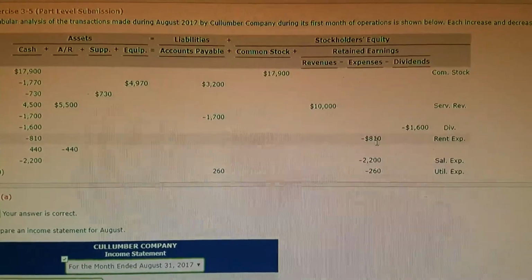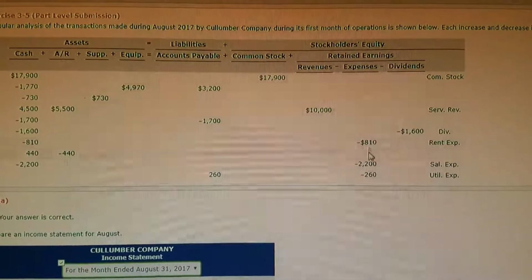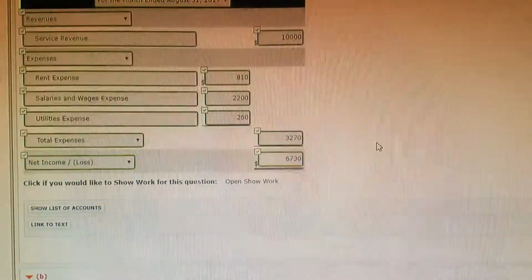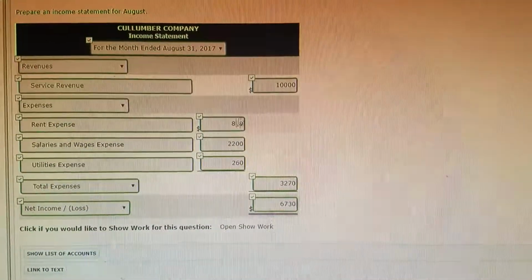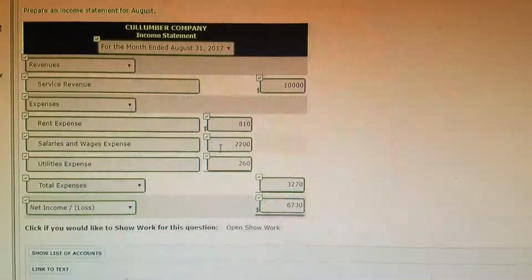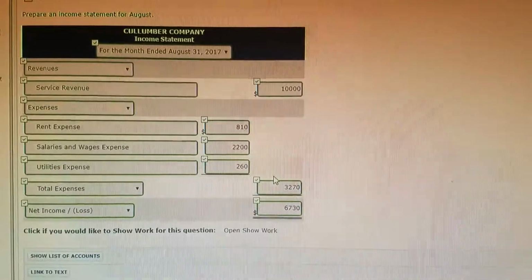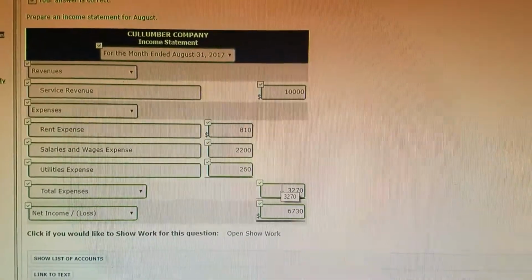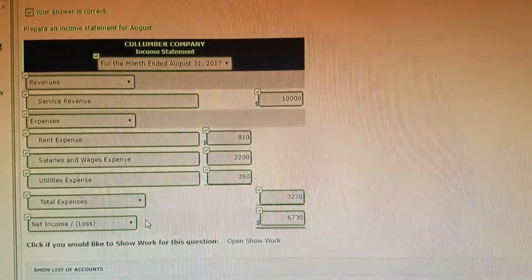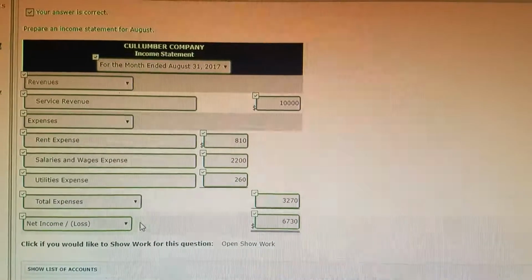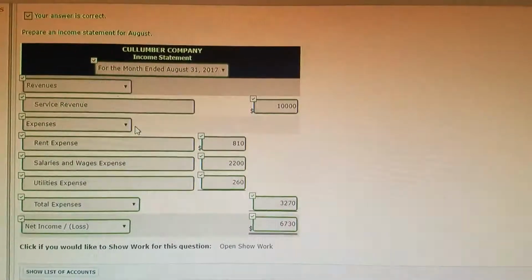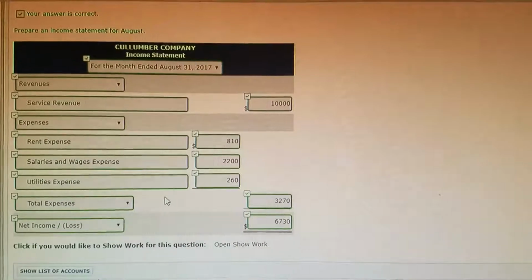You have the explanation and the amount right in this place, and adding those three transactions, we get total expenses of $3,270.